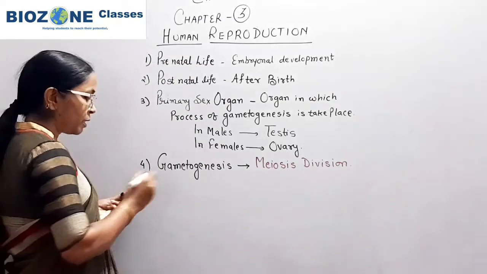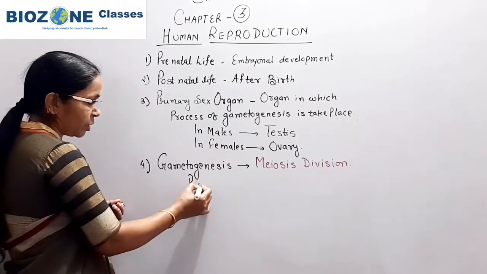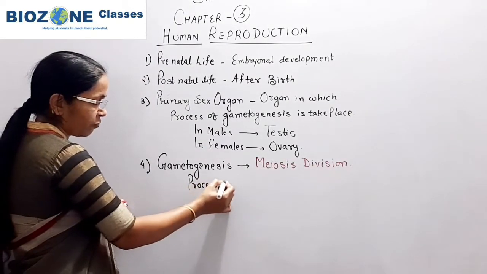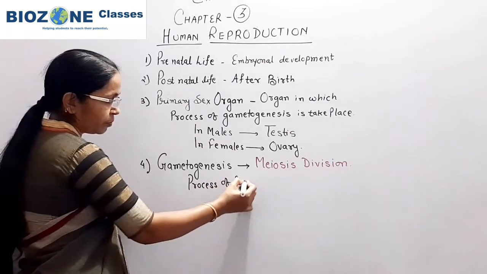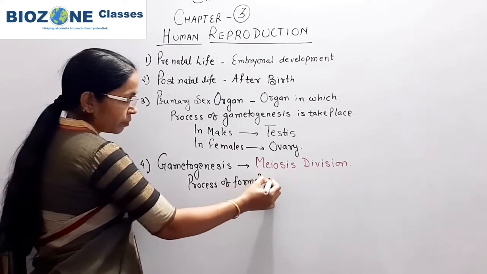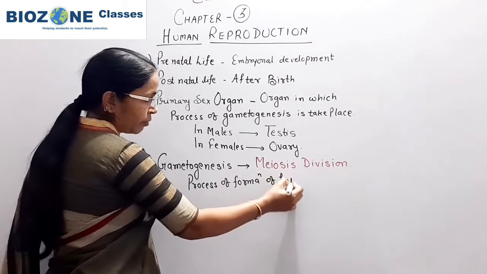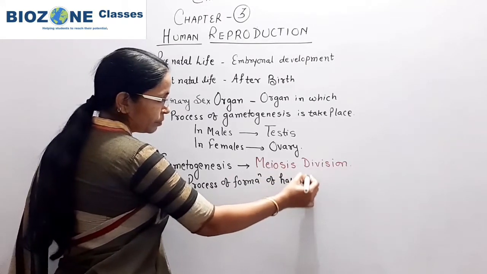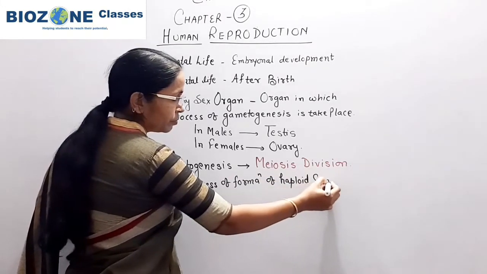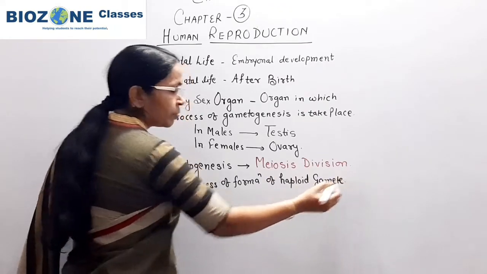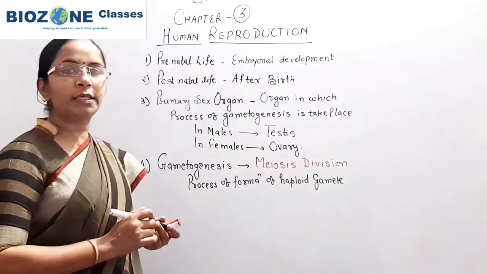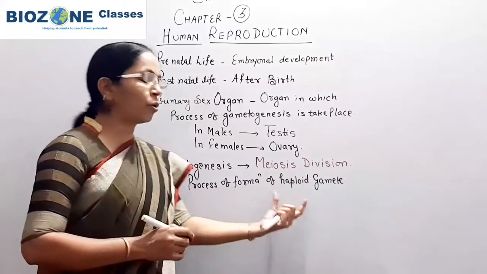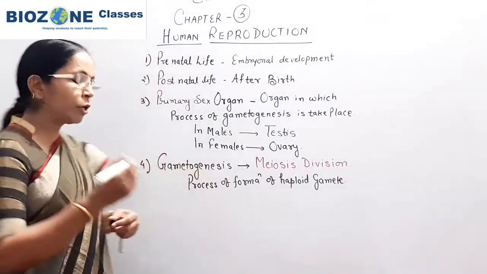What is gametogenesis? In simple terms we say it is the process of formation of haploid gametes from a diploid mother cell. That process is called gametogenesis.